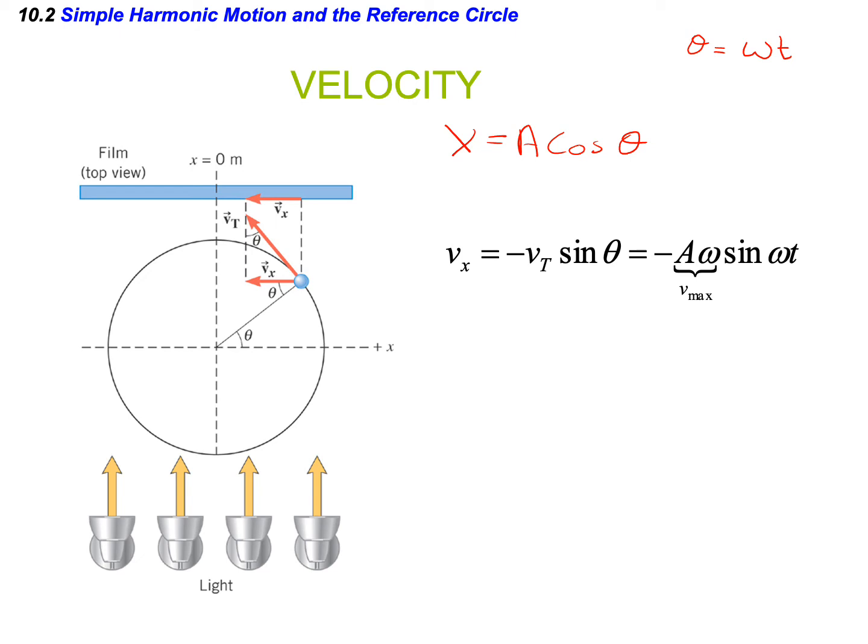Similarly, we can write the velocity of this ball rotating around this circle. If you get the Vx component in terms of the tangential component, we already know the tangential component Vt.